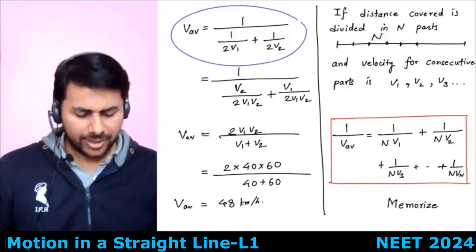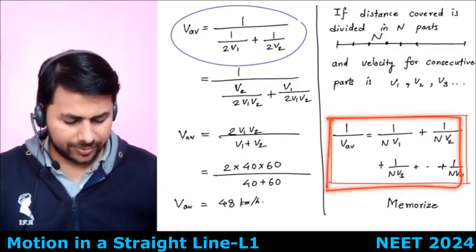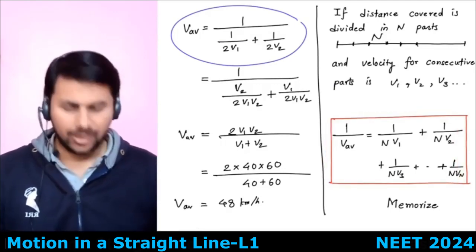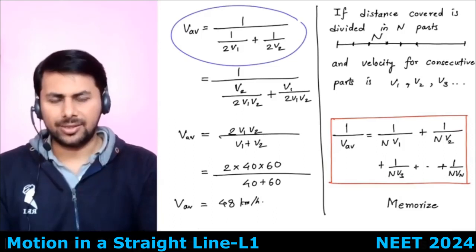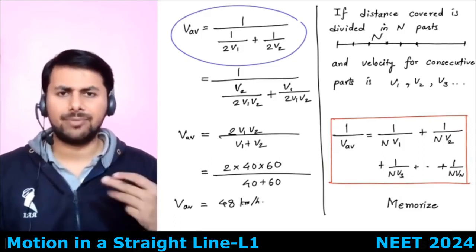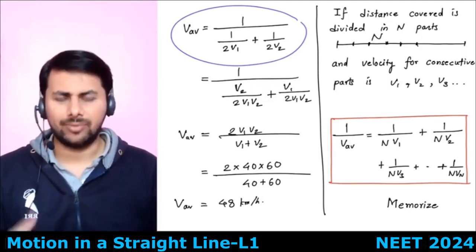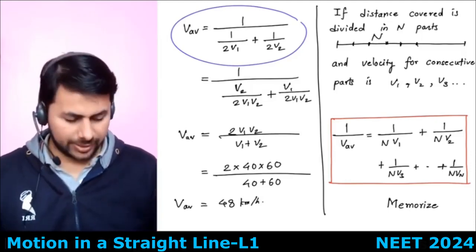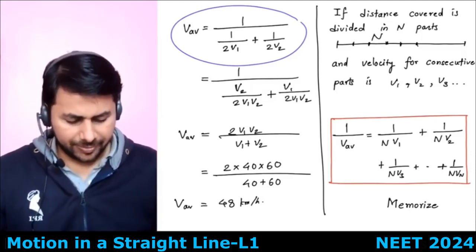So your generalized formula will be this one. See this formula. Total distance is divided into n parts. n can be equal to 2, 3, 4, 5, it doesn't matter.